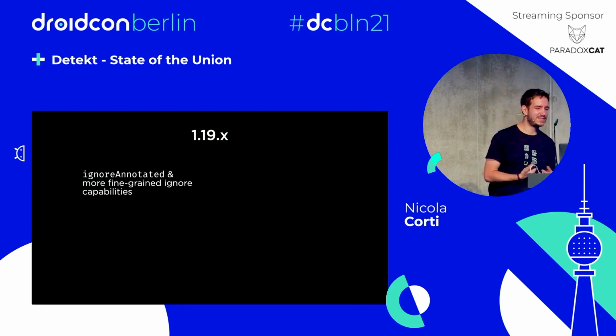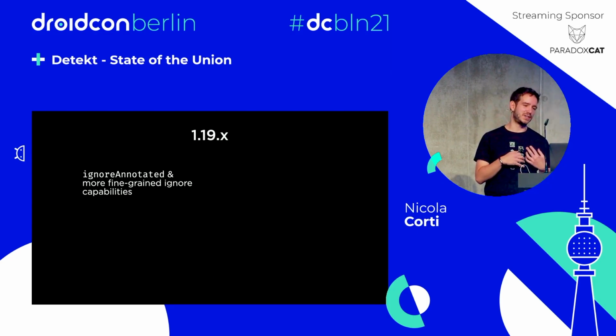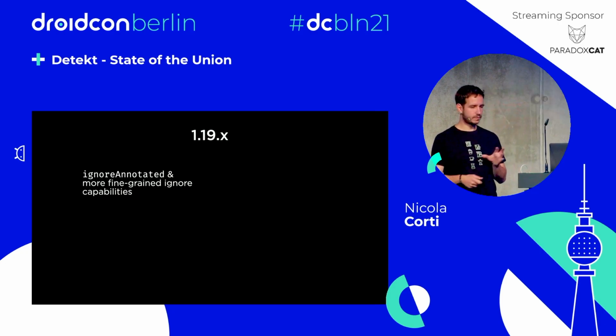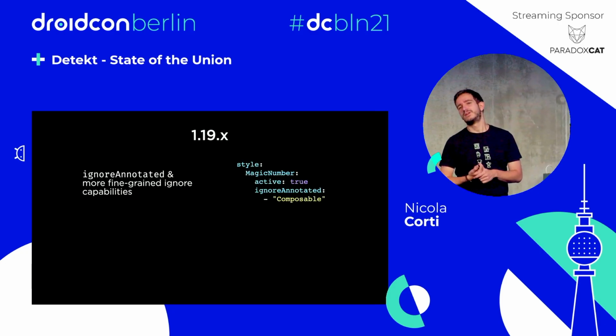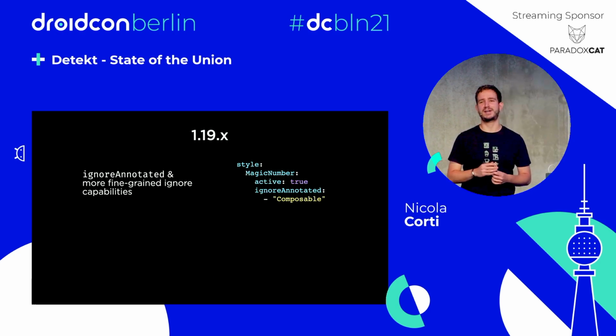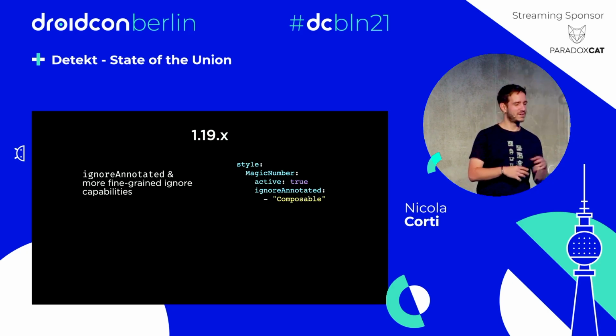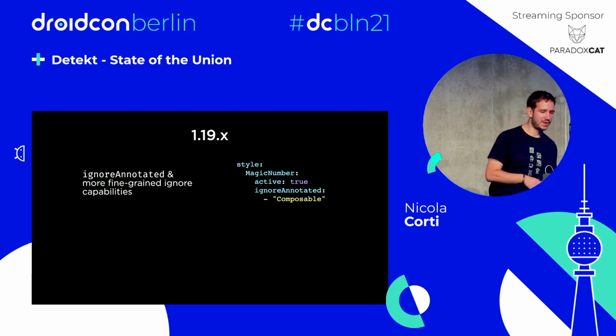The first one is ignore annotated, and generally also other more fine-grained controls for ignoring sections of your code. For example, this magic number rule. A lot of people report that they started using Jetpack Compose, and when they specify dimensions they use numbers, and they have magic numbers everywhere in their code. That is super annoying.